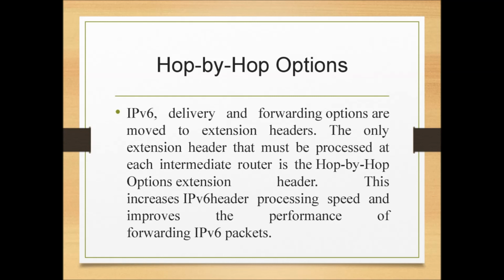So IPv6 delivery and forwarding options are moved to extension headers. The only extension header that must be processed at each intermediate router is the hop by hop options extension header. This increases IPv6 header processing speed and improves the performance of forwarding IPv6 packets.